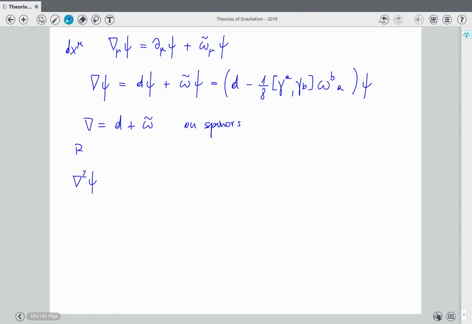So by computing del squared psi, you study the Bianchi identity for fermions. How is it done? You compute the covariant derivative twice, because del psi is still a spinor, so its covariant derivative is still the same.